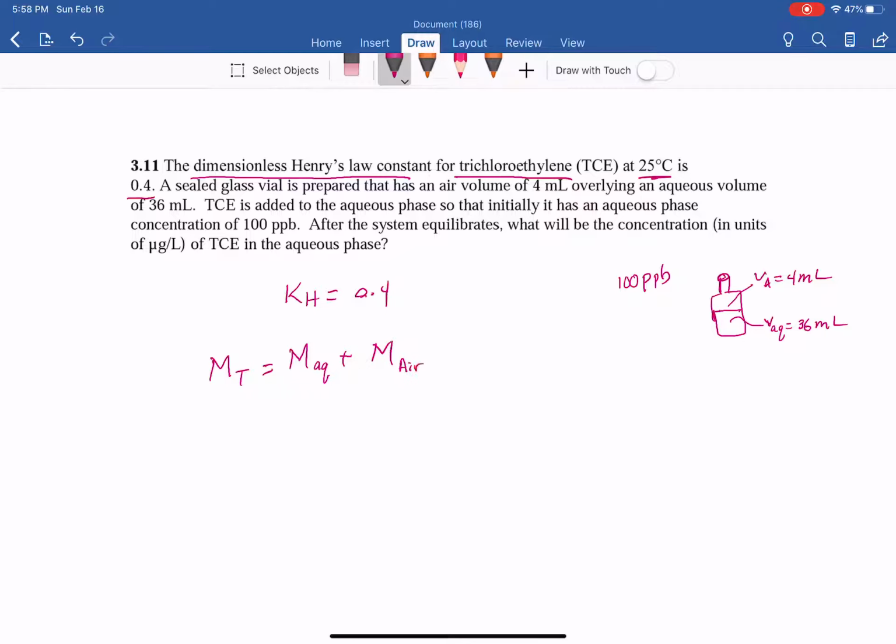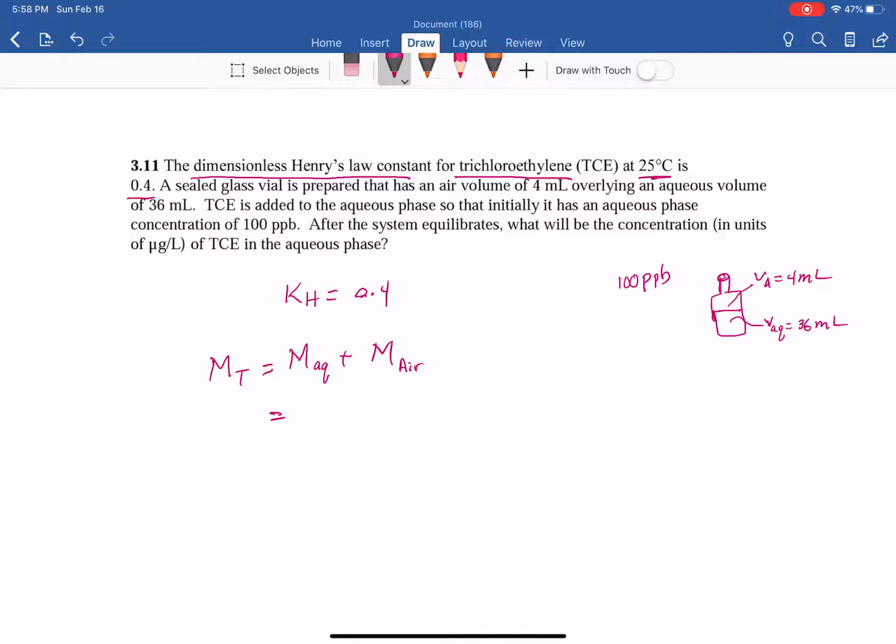So I'll leave it like this. Now, what is the mass total? Remember, he is giving you that it's equal to, let's see, it is 36. So let's find out the mass aqueous.